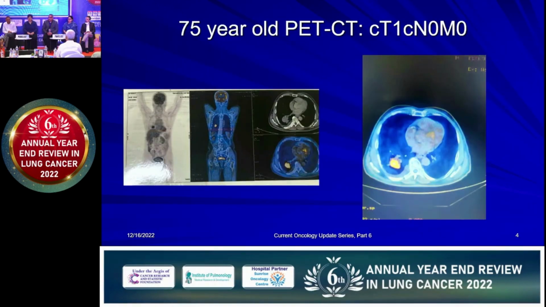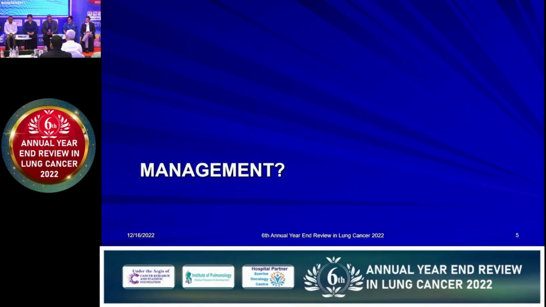And for the panel, I thought I'd take this one case scenario. I'm not going too much into details. It's a 75-year-old gentleman, cT1c, N0M0, a 2.5 centimeter lesion, no nodes. Dr. Shoaib, do you want to ask anything else?